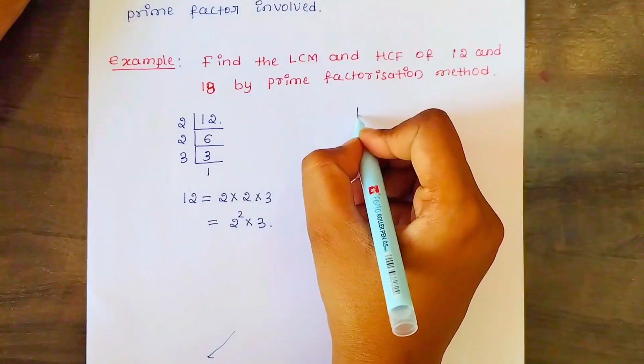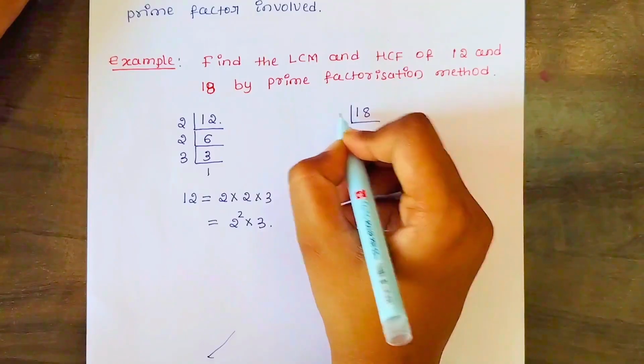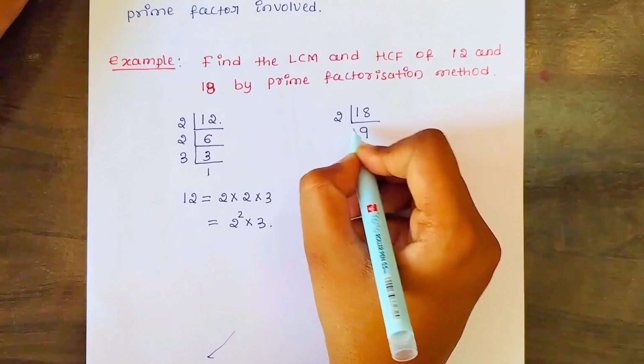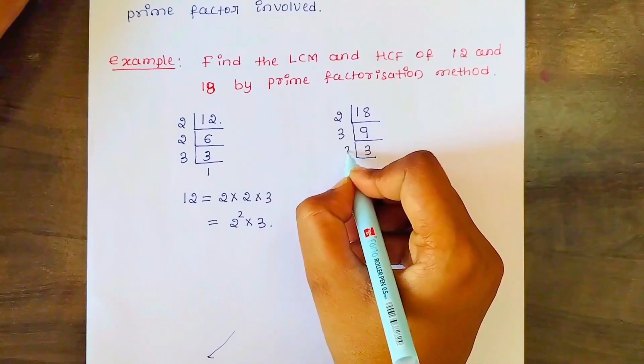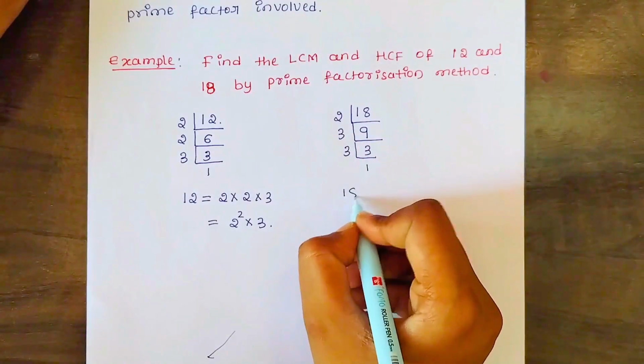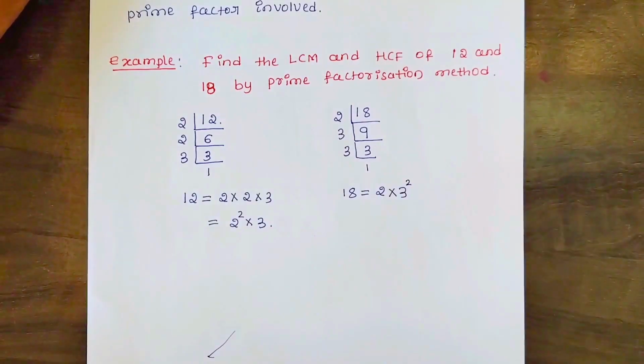Now what about 18? Get the factors of 18. Start with 2, 2 nines are 18, next 3, 3 threes are 9, again 3 ones are 3. I will write 18 is equal to 2 into 3 into 3.